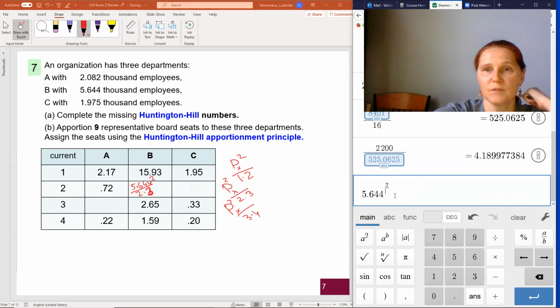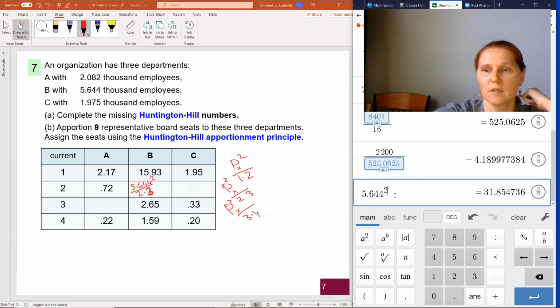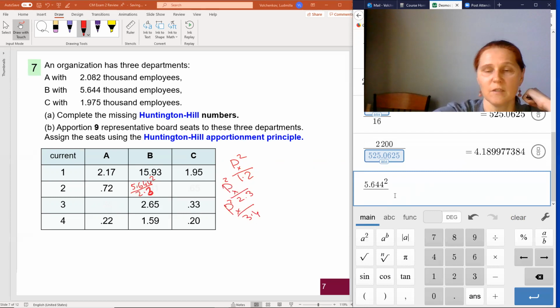squared, divided by 2. So now I write this in the denominator, that's why I write the multiplication sign.